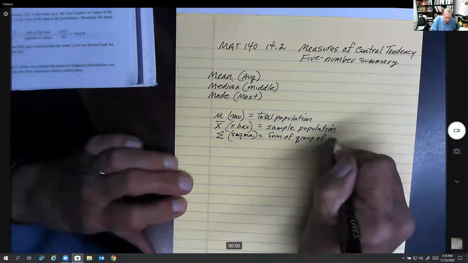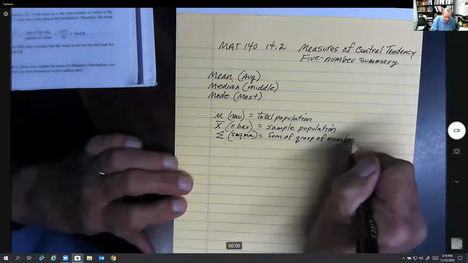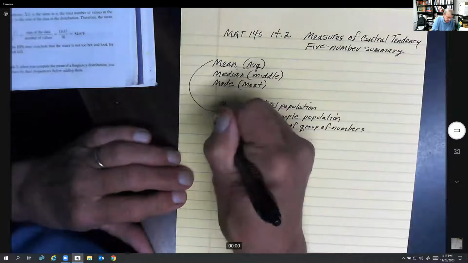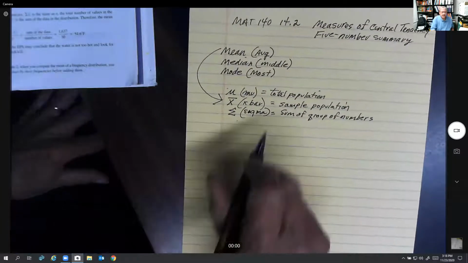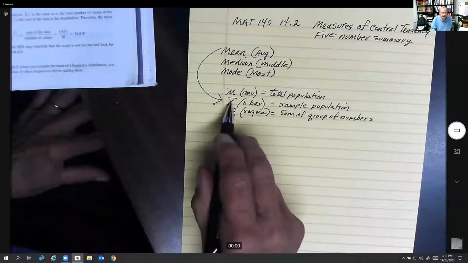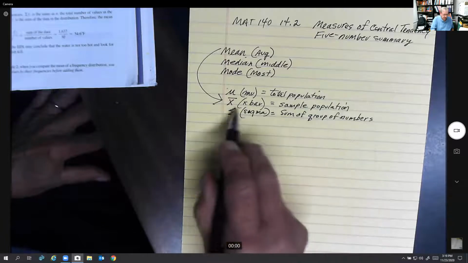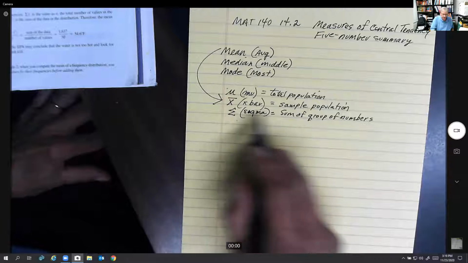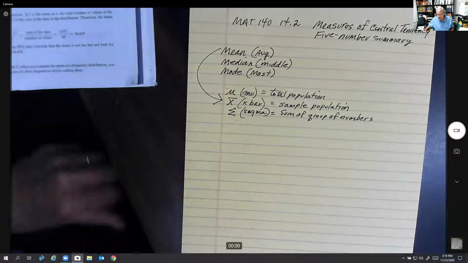So just a little think about the notation, especially on the mean. Mu, the total population. X bar, a sample population. And sigma means we're going to add up the sum of these numbers.